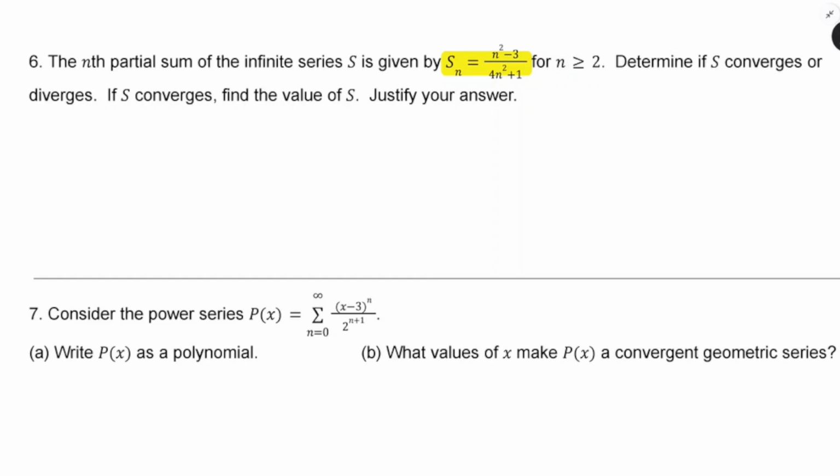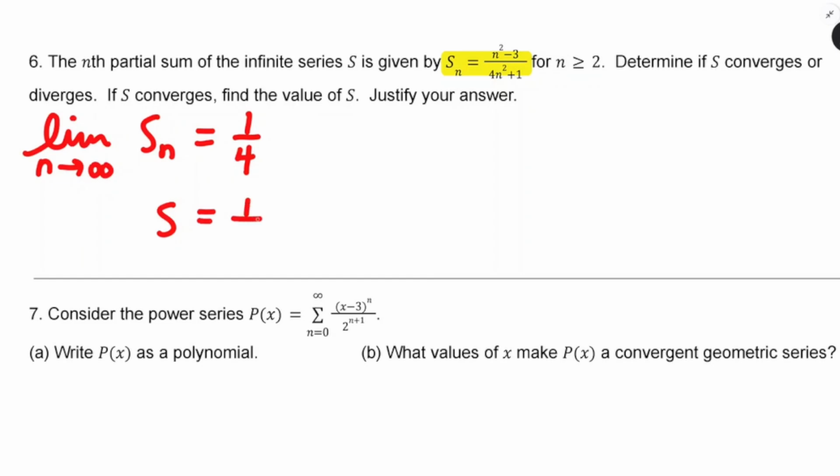So I'm going to say here the limit as n approaches infinity of Sn is going to be n squared minus 3 over 4n squared plus 1. That's 1/4. Okay, so the limit existing means the series converges, and the value of S is going to be 1/4.